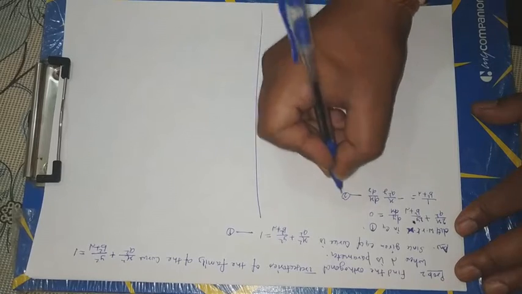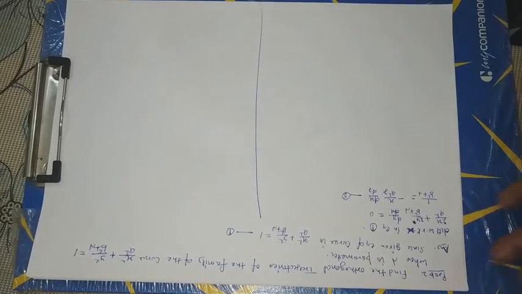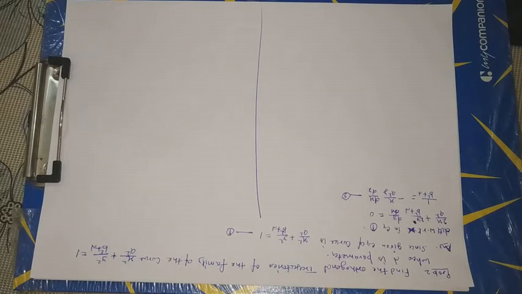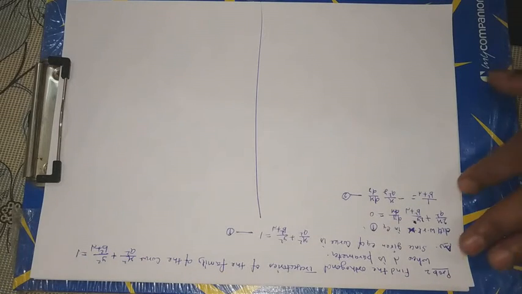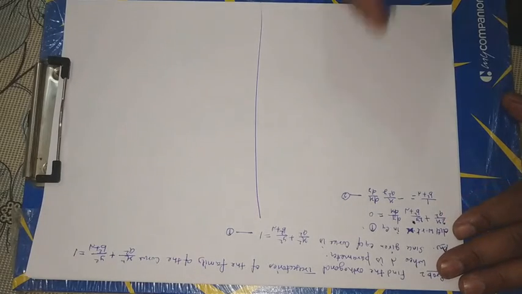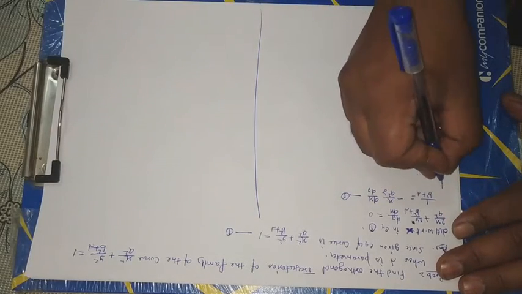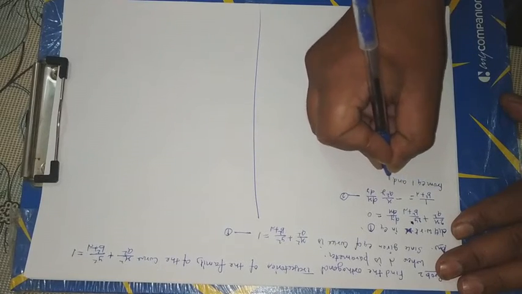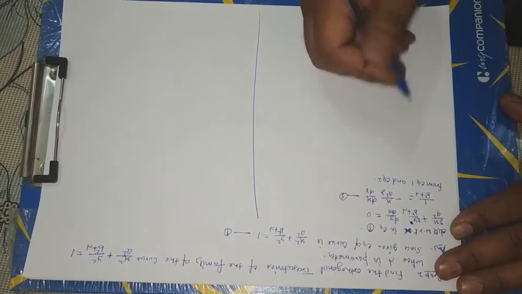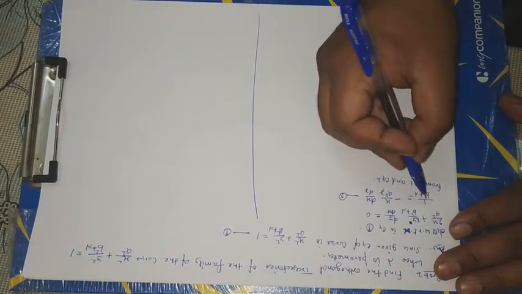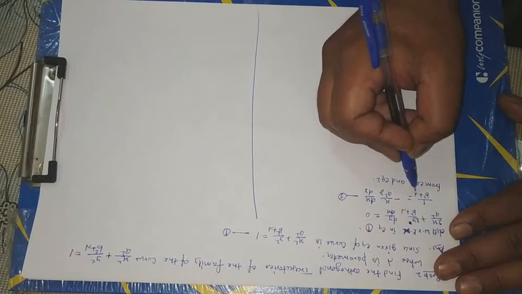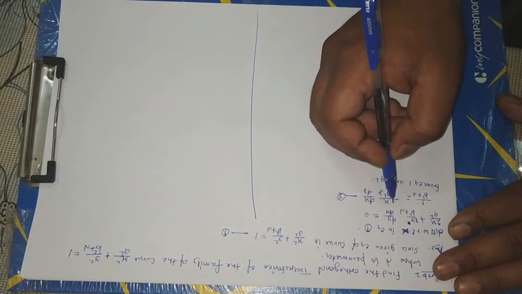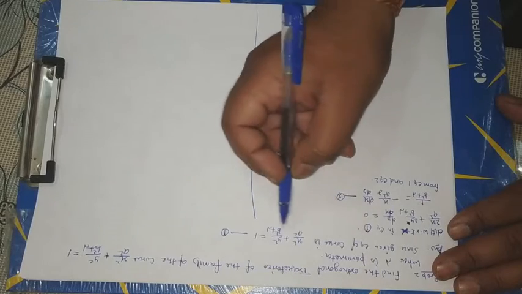This is represented by equation number 2. Now eliminate lambda from equation number 1 and equation number 2. That is, putting the value of 1 upon b square plus lambda from equation number 2 in equation number 1.